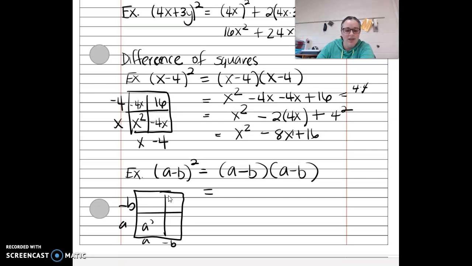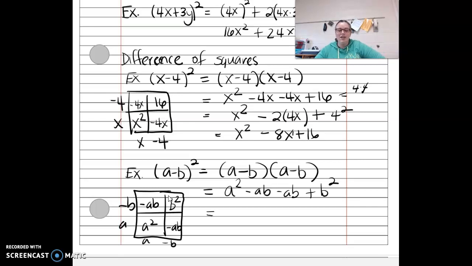A times a gives me a squared. A times negative b gives me negative ab. A times negative b gives me negative ab, and then a negative times a negative is positive b squared. So when I write all these terms out, I get a squared minus ab minus ab plus b squared.